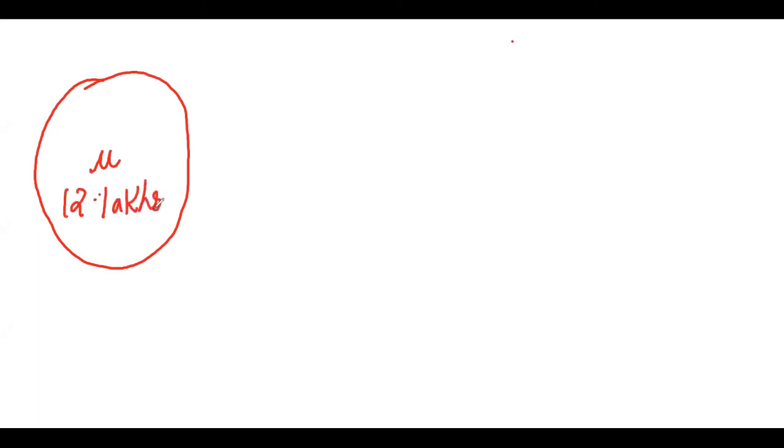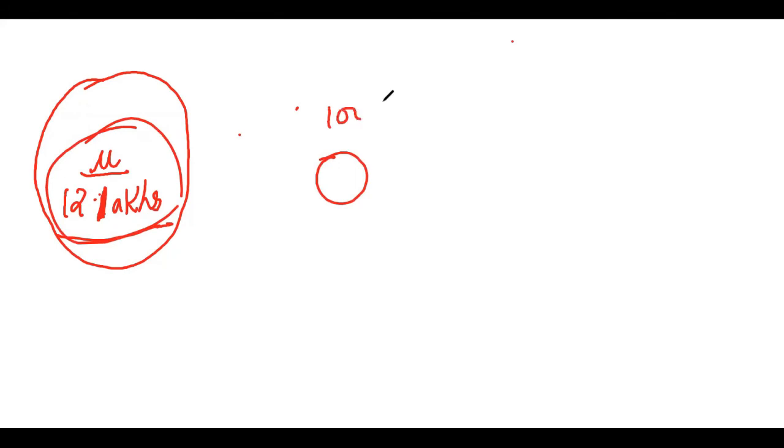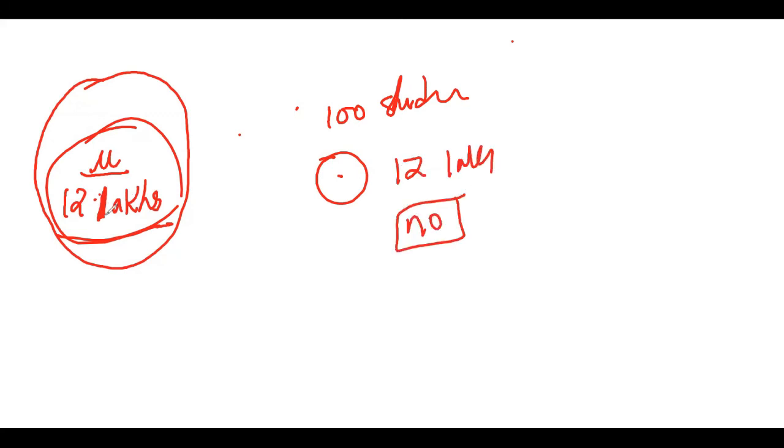Suppose somebody wrote that MBA students who pass out from a tier A college, meaning top 20 or top 30, have an average salary of 12 lakhs. Now I pick a small sample of, let's say, 100 students. Can I say the average of these 100 students is also 12 lakhs? The answer is no. This cannot be exactly equal to 12 lakhs because some error comes in the sampling process.